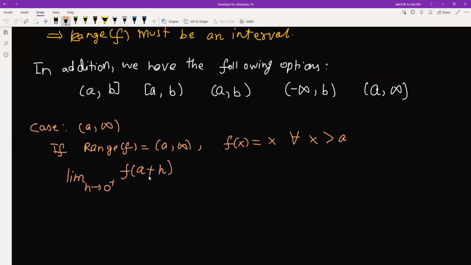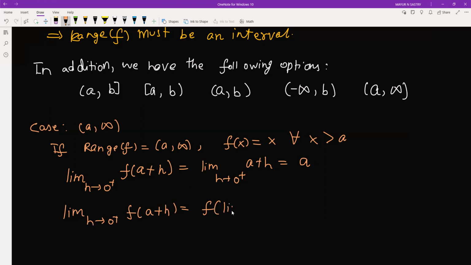So if you consider this limit, on one side it is equal to the limit as h goes to 0 plus of a plus h, because if h is greater than 0, a plus h is in the range of f, so f of a plus h is equal to a plus h, so this is equal to a. On the other hand, since f is continuous, we can take the limit inside and say that this is equal to f of the limit as h goes to 0 plus of a plus h, which is f of a.